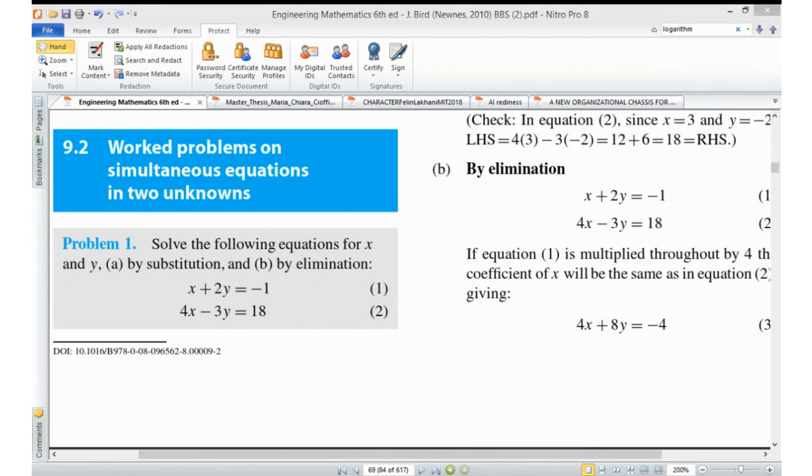So let's begin with substitution. Generally, substitution means you look for either the value of x in terms of y or y in terms of x, then you substitute. That's the meaning. Express x in terms of y or y in terms of x, then substitute.